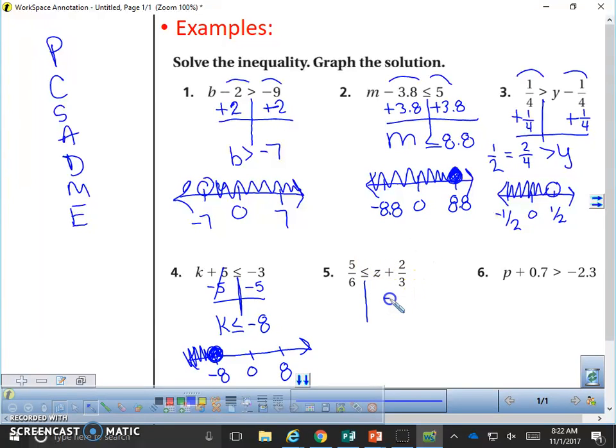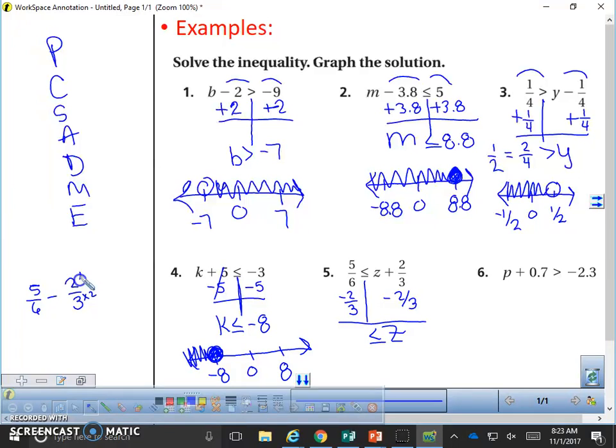Okay. Take away 2/3 from both sides. We need to have the same base. I'm going to put some scratch work over here. We took away the same number from both sides, so we know it's still going to say z is greater than or equal to. Now we have 5/6 minus 2/3. Need to change this so it says 6.